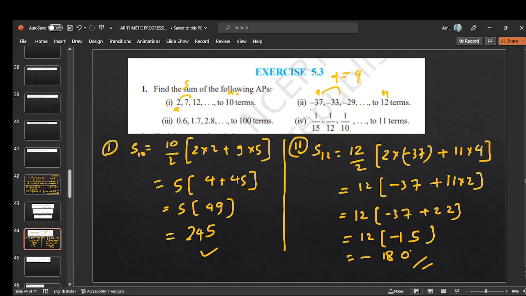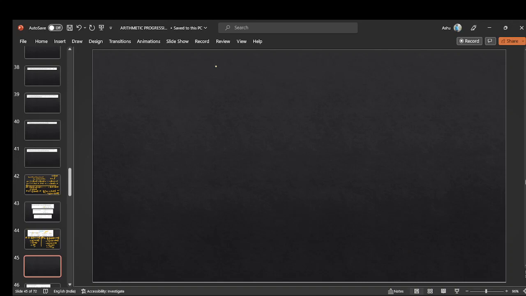Now for the third, we should take another slide. Here for the third, we will tell you everything about this AP series. We can write here 0.6, 1.7 as the second term, and the third term is 2.8. We can recognize any series, whether it is an arithmetic progression or a geometric progression.